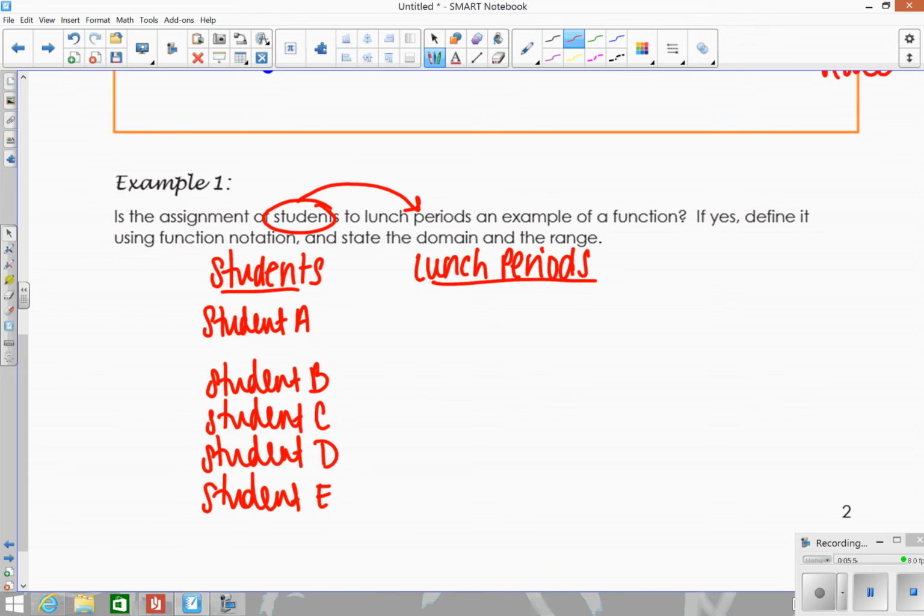I'm going to say that student A is a 9th grader, student B a 10th grader, student C another 10th grader, then a junior, and a senior.